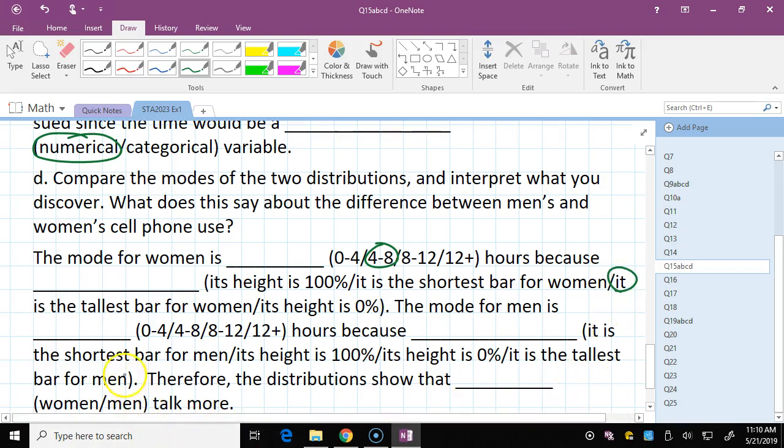It is the tallest bar. The mode for men is 0 to 4. Because it's the tallest bar. Therefore, the distribution shows that women talk more. You women and your talking.